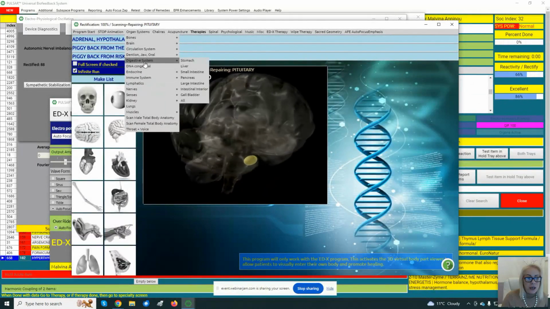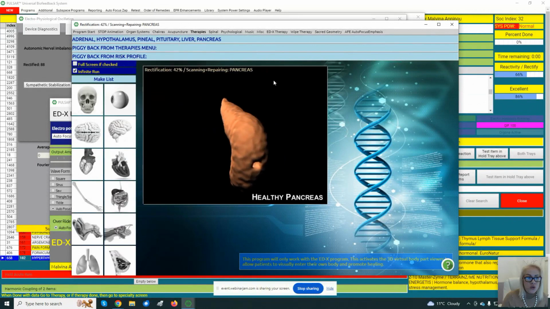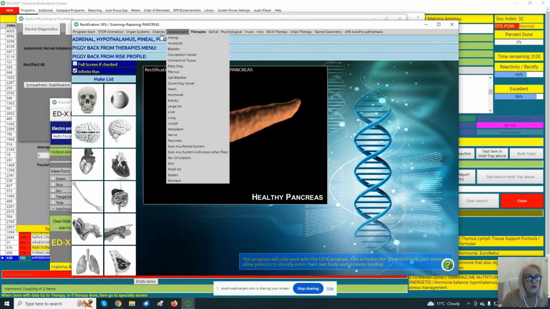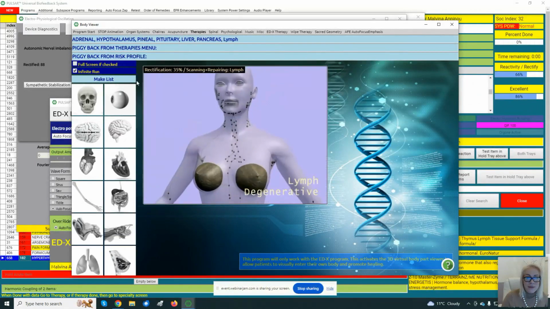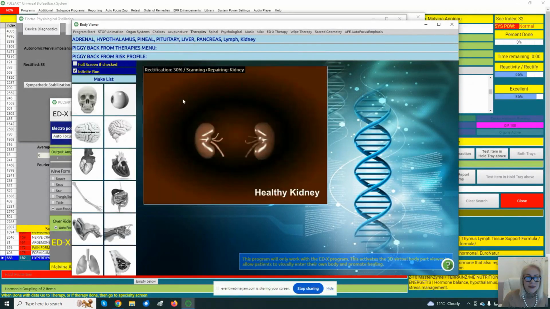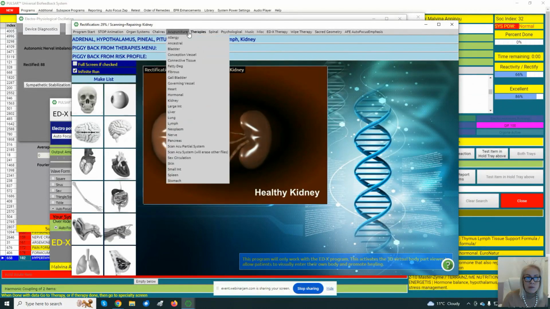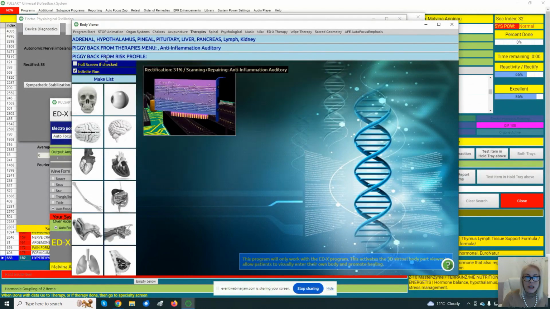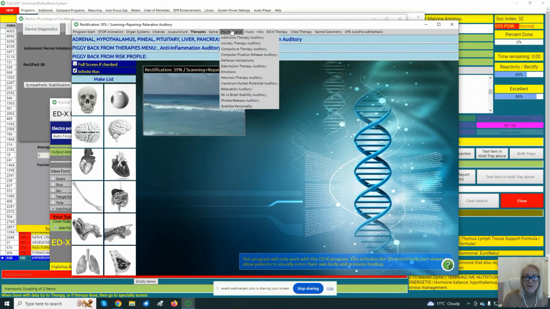I would put the digestive, the liver and the pancreas, since my issues was also the sugar regulation, the lymphatics, there we go, and kidneys. Therapies, anti-inflammation, definitely, and relaxation, okay?